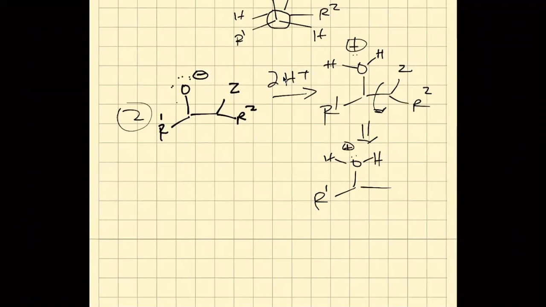So now I'm here. This is Z, and now this is R2, right? And then when that eliminates, that's going to give me a trans alkene.